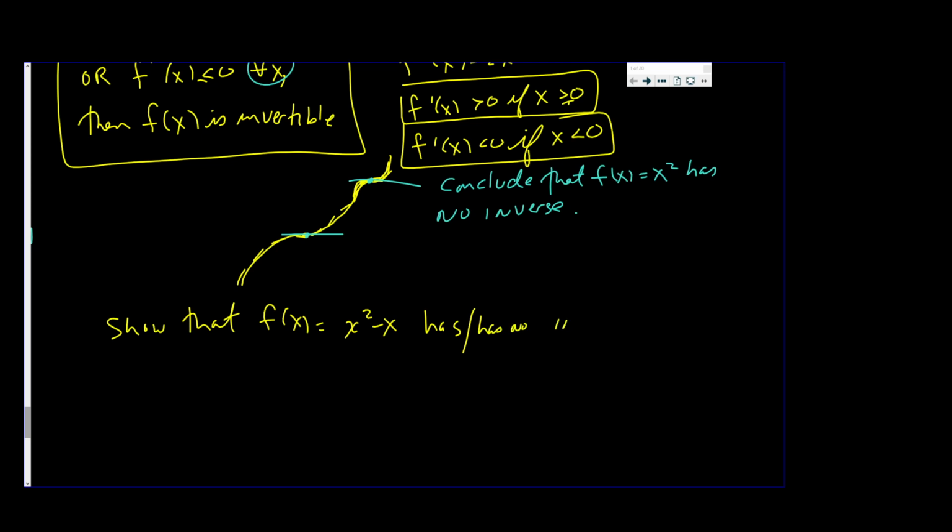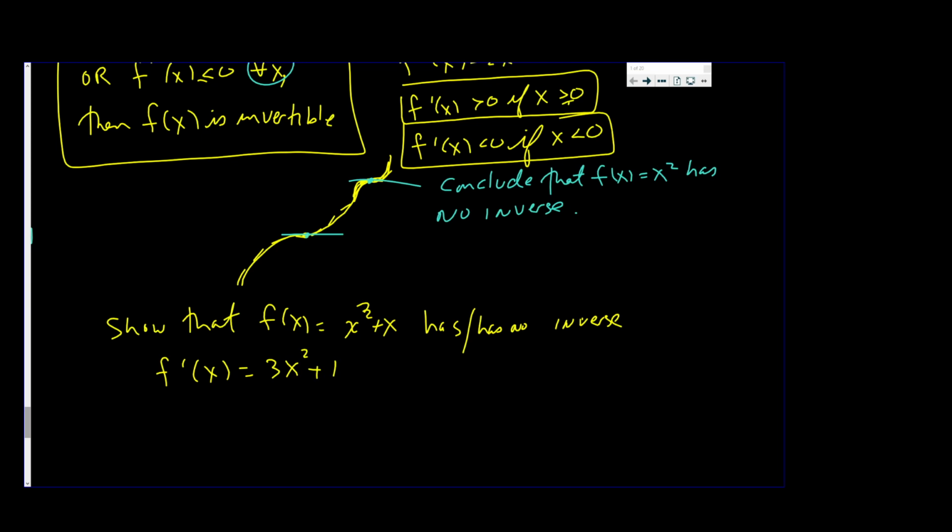Well, you take the derivative. F prime of x is, now let's make it x cubed. So it's 3x squared, so even make that plus 1.